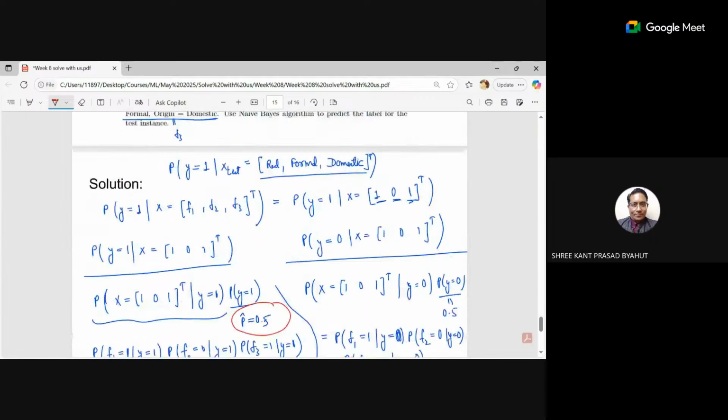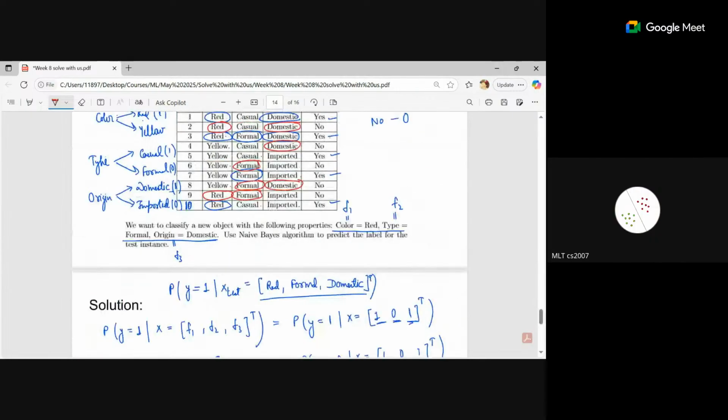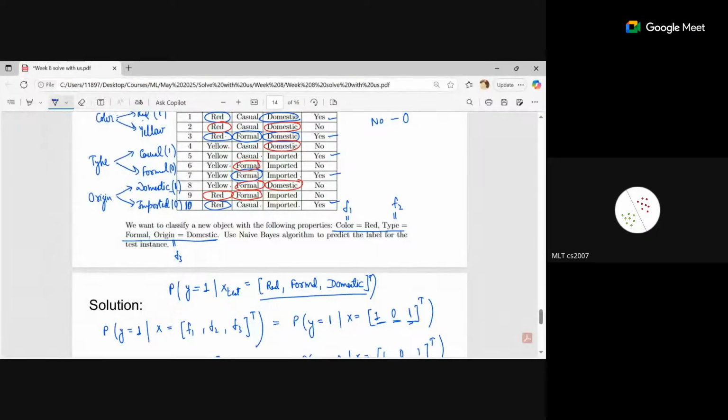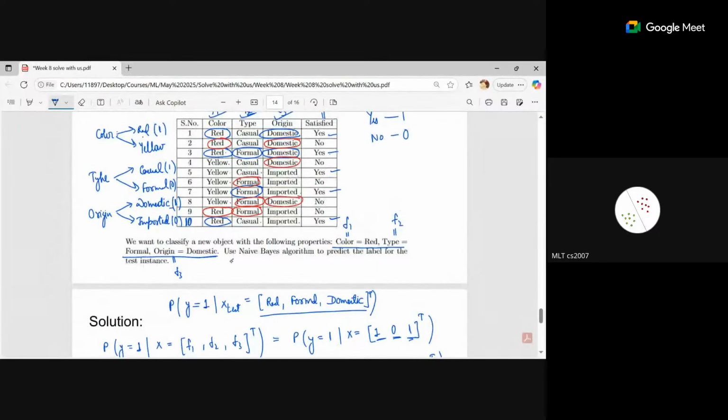Okay. So we can see that it is going to predict the label for this test data point: red, formal, and domestic. So for this test data point, it is going to predict Y to be 0.